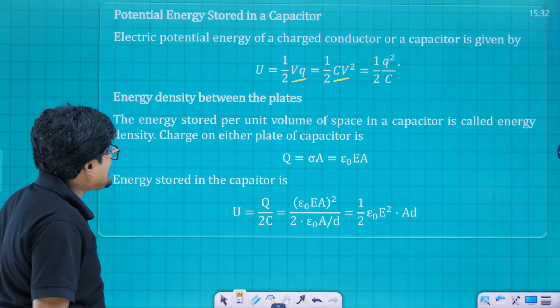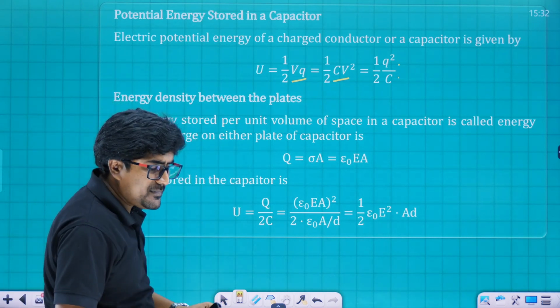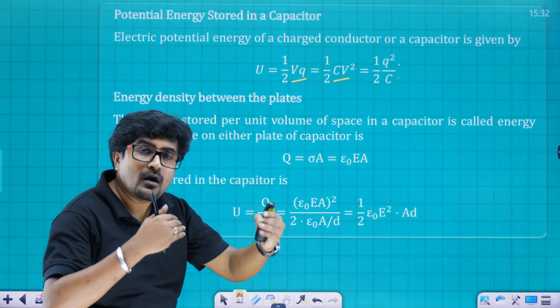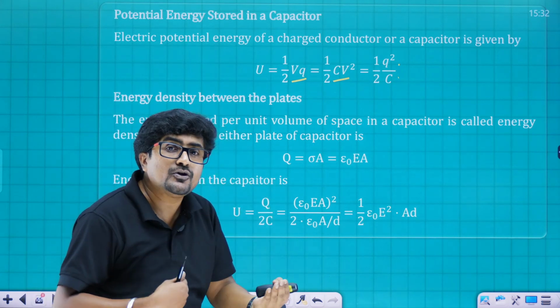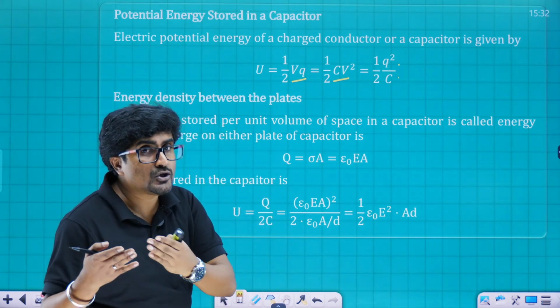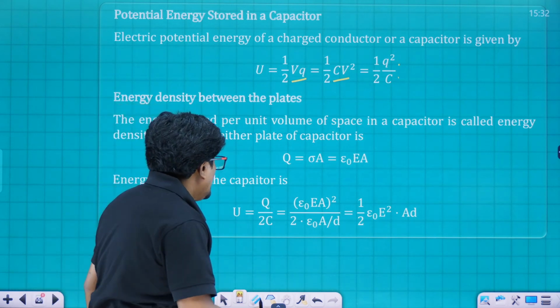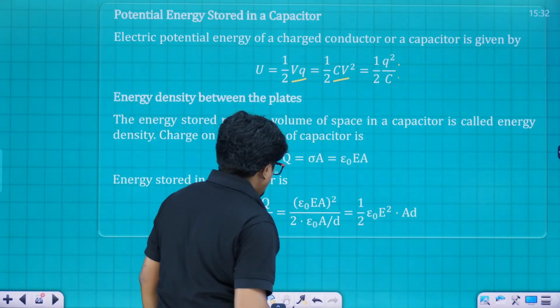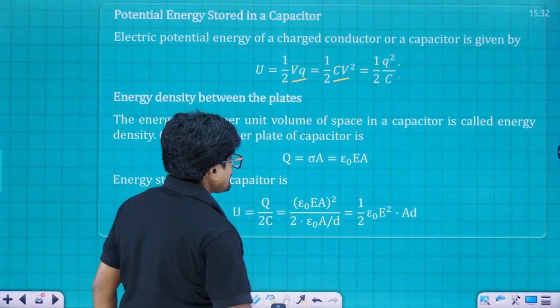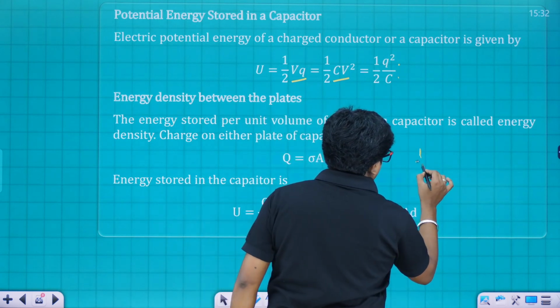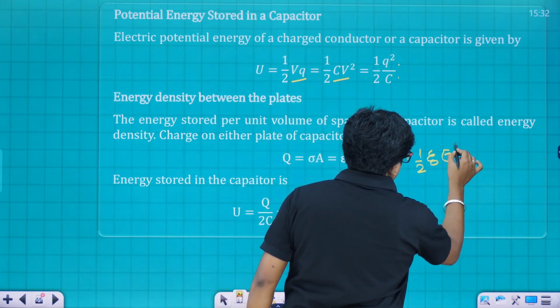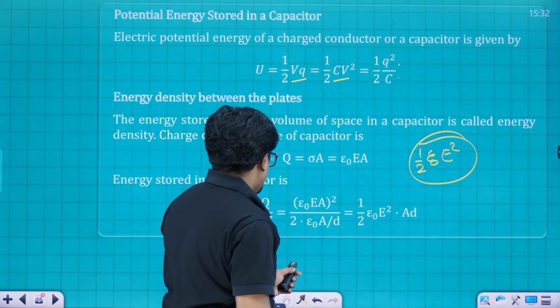Alright, next is energy density. Energy density means energy stored per unit volume of the space between the two parallel plates of the capacitor. Then the expression for energy density is half of epsilon naught into E square. That's going to be the energy density.